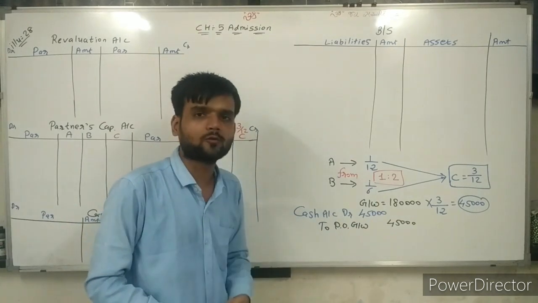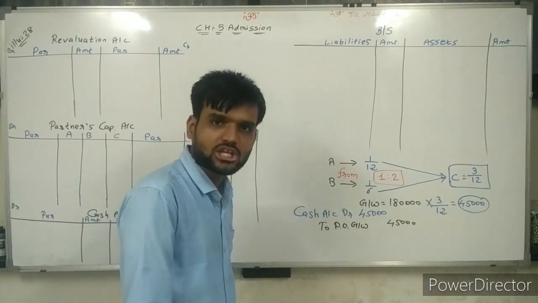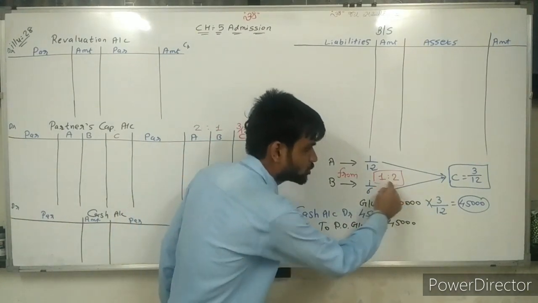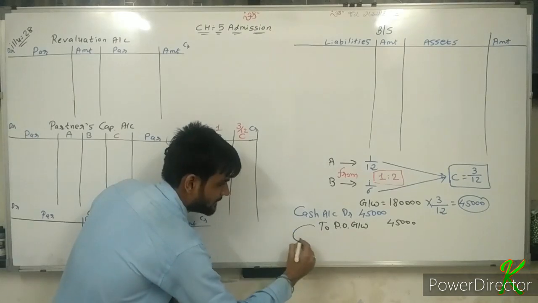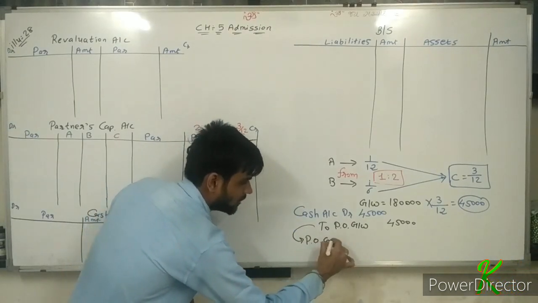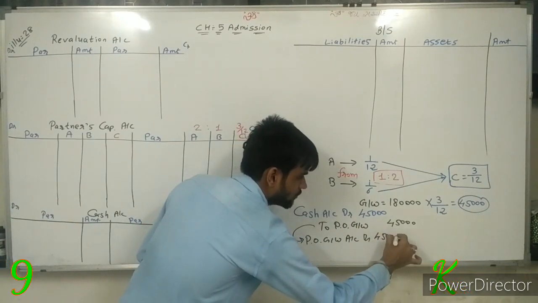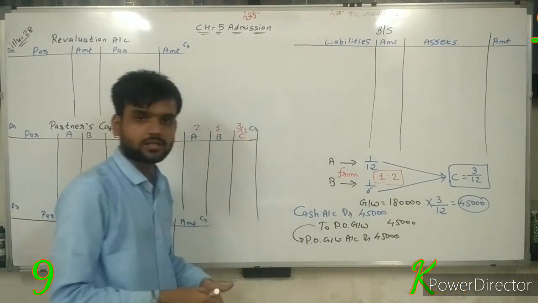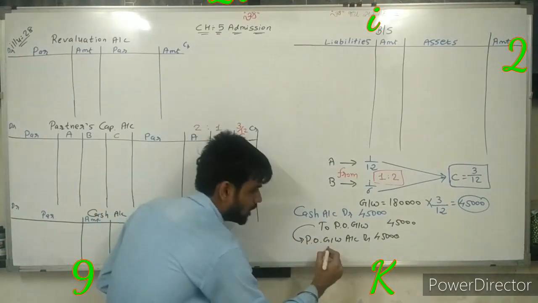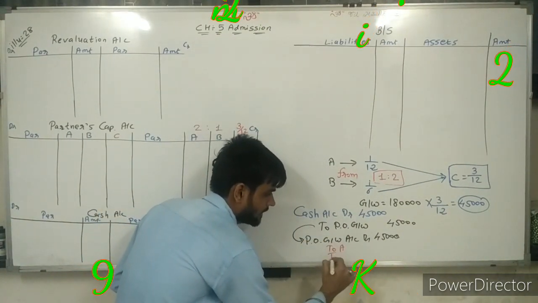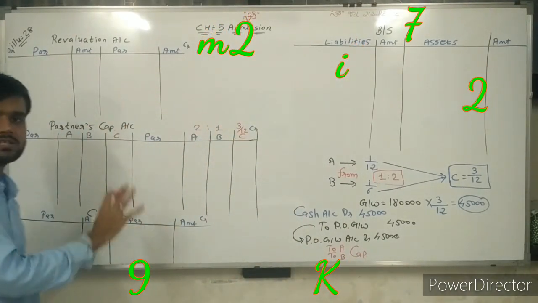Now this premium for goodwill we are distributing among the partners in their sacrifice ratio. So 1:2 is my sacrifice ratio. So here premium for goodwill account debit 45,000, and this 45,000 we are distributing among A and B capital, because here only capital accounts are there.